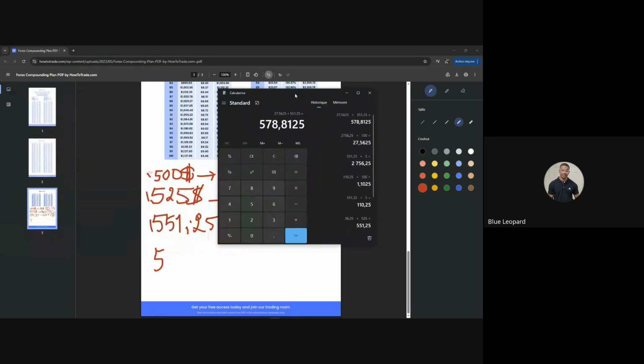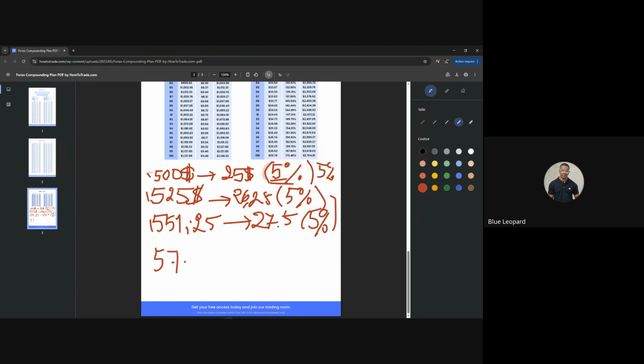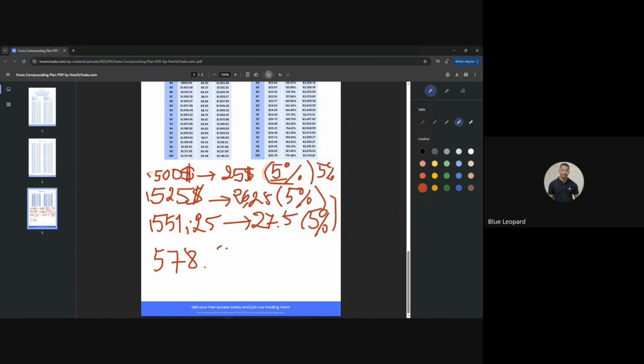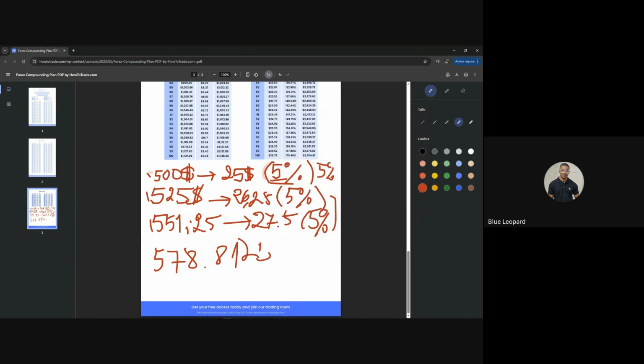Sorry, this is now what you have in your balance. You see that? I want to be correct. 25. You see that? This is now the end of the week. Let's say you did this in 1 week. How much did you make? You made 78 point.